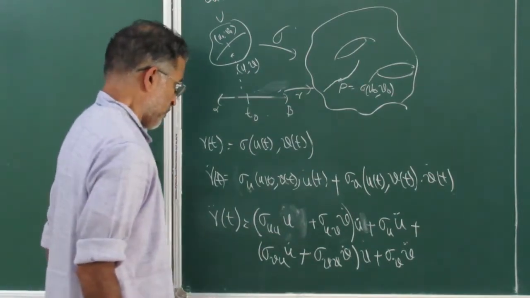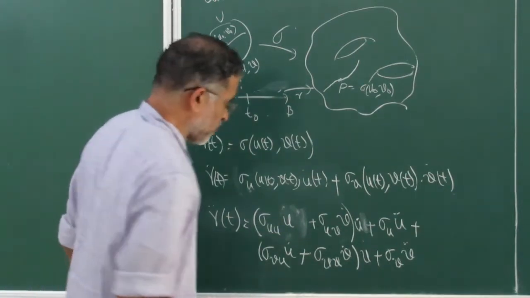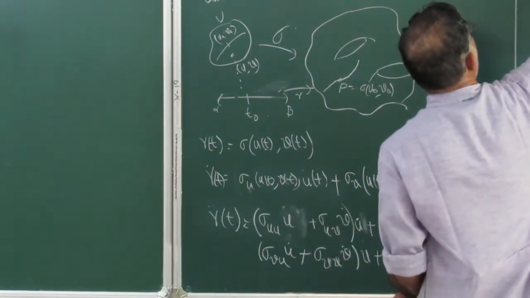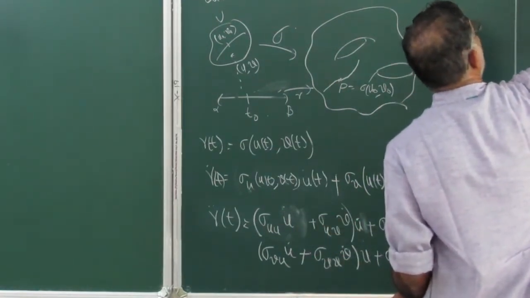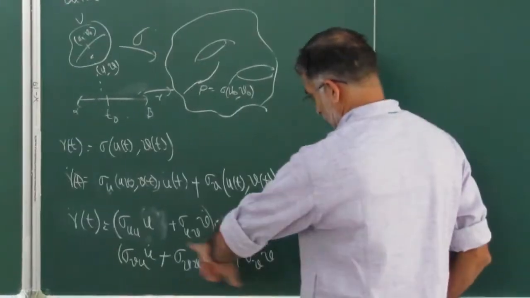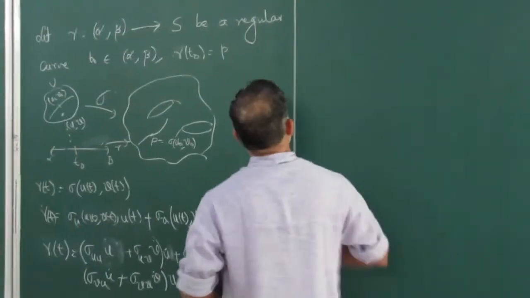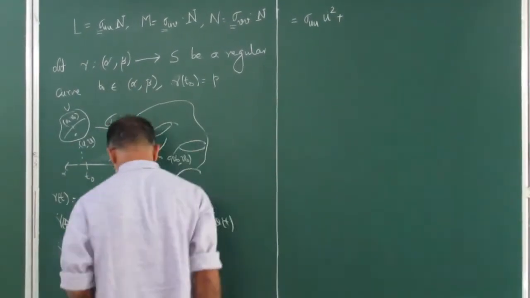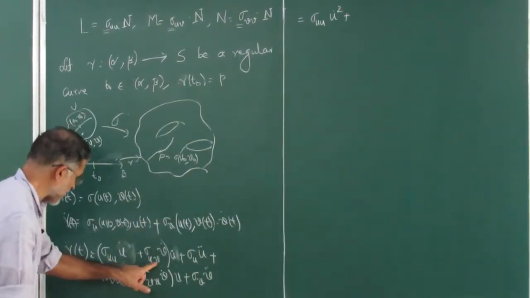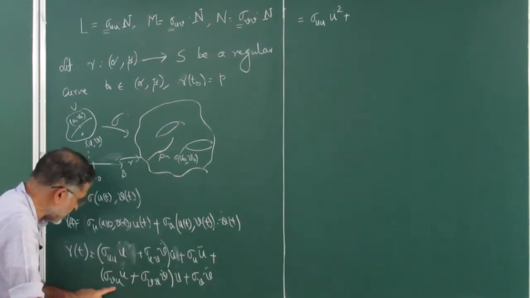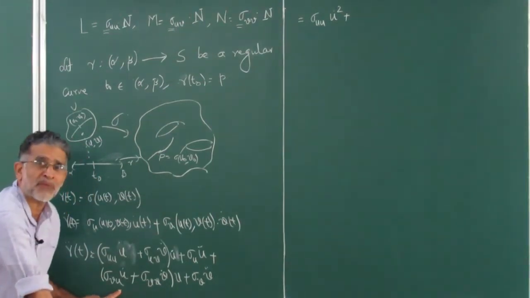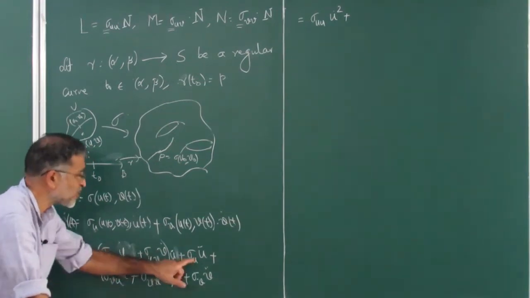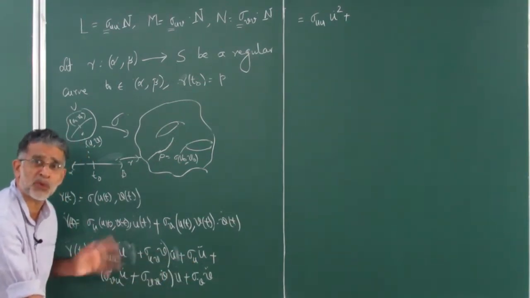Now, okay, this looks fine. If you want, I can rewrite this. So this is equal to sigma u, what do you get? U dot square plus only one term in sigma. This is sigma vu, uv and sigma vu. If you assume sufficient differentiability, at least the second derivative continuous, then these two are equal. We said enough smoothness you assume.